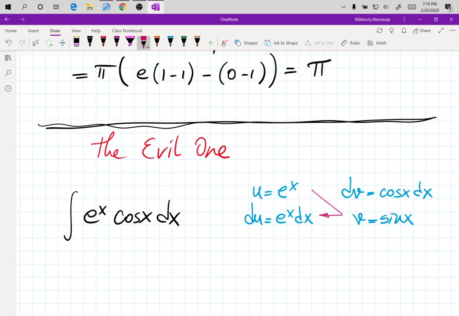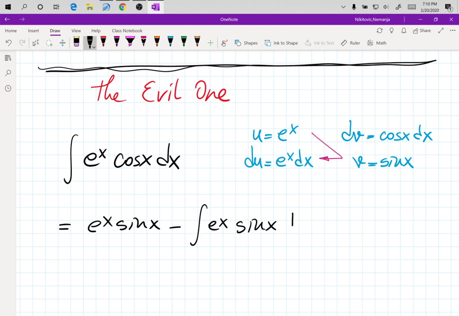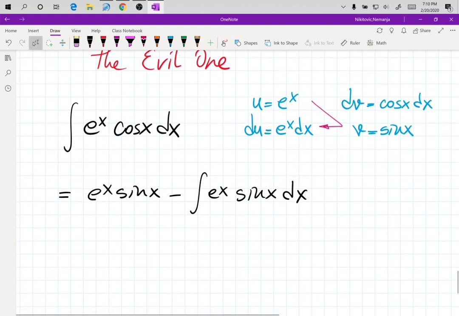Yes. So now, when you put the stuff together, you get e to the x sine x minus the integral of e to the x sine x dx.